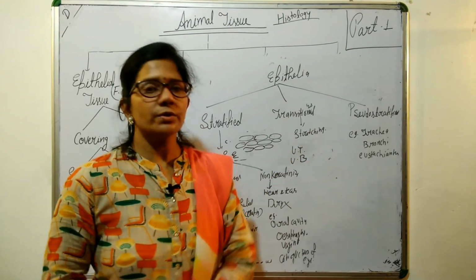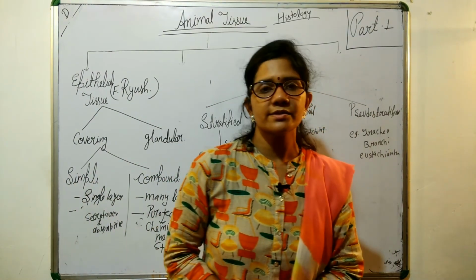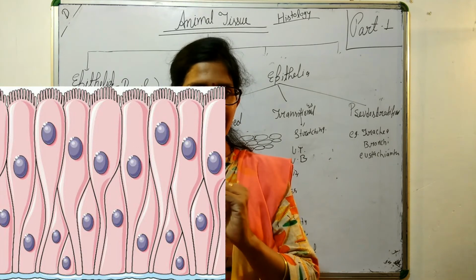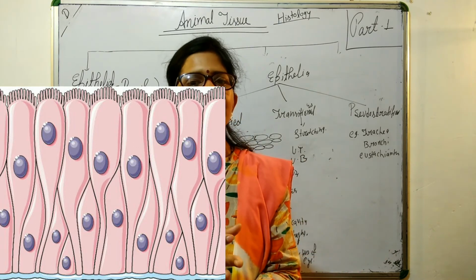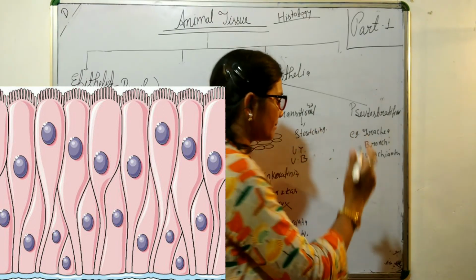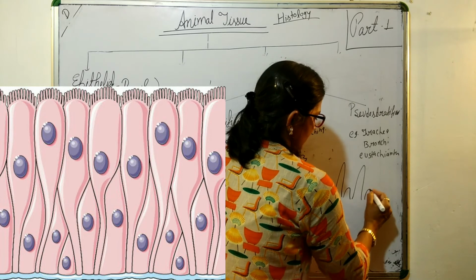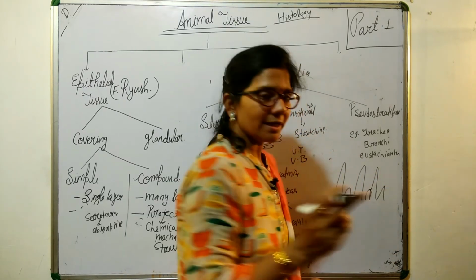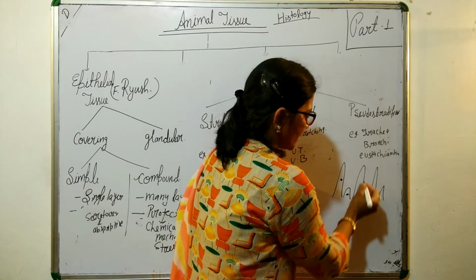Then the last is pseudostratified. Actually it is not stratified, meaning it doesn't have layers. It is pseudo, it looks like stratified. How? Because the cell is shaped like this. As the nucleus lies at the center, its nucleus will be here, and its nucleus will be here.